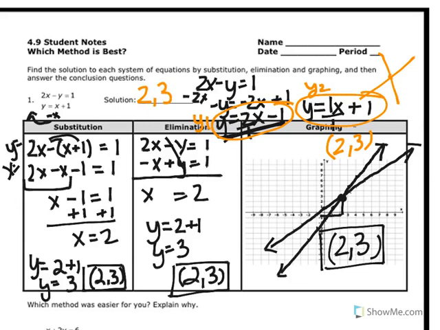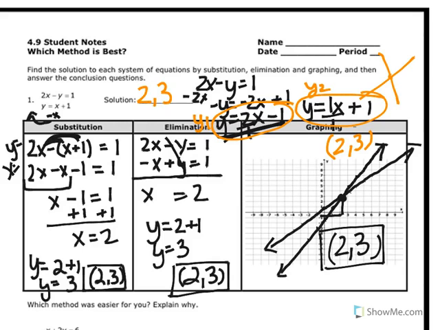And what you have to do is think to yourself, what to you was the easiest way to solve that? Each one of these methods for this particular set of equations had its own issues. Like, for example, on substitution, you have to remember to distribute the negative sign, and if you didn't do that, you would get it wrong.